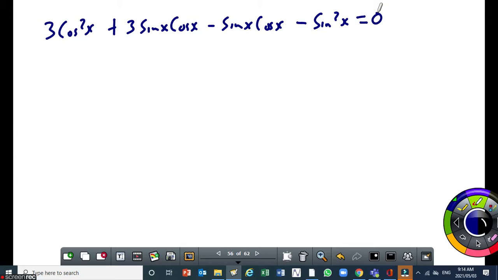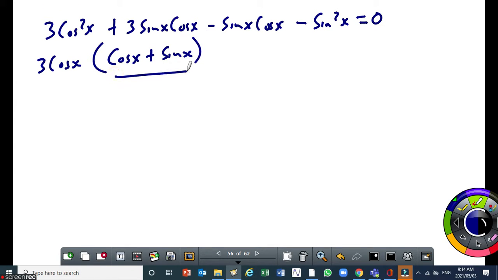Okay? So the first two terms have a common factor, and that common factor is going to be 3 cos x. Open bracket, that will be cos x plus sine x. Now once I create this binomial factor, cos x plus sine x, I also have to create it here. So that will be minus sine x, open bracket, cos x plus sine x. And that's equal to 0.